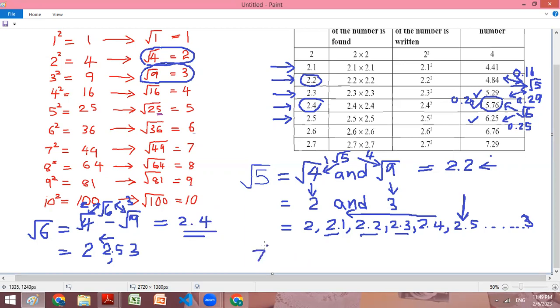Also, we can find the square root of 7 the same way. In between the square root of 4 and the square root of 9. Therefore, in between 2 and 3. Consider the next one, 2.6. 2.6 into 2.6 is 6.76. 2.7 into 2.7 is 7.29. We want to find the square root of 7. The difference between 7 and 6.76 is 0.24.